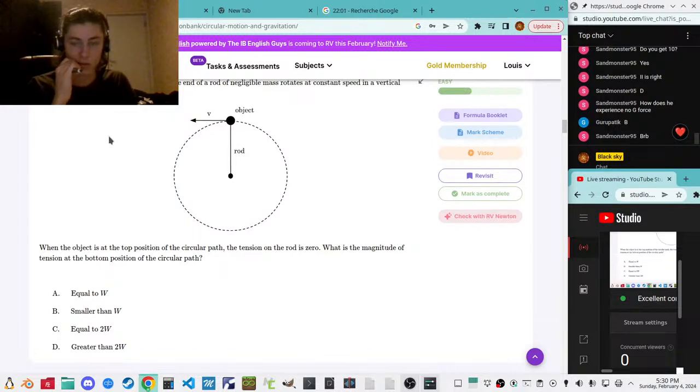What is the magnitude of the tension at the bottom position of the circular path? Where is that tension 0? The magnitude of the tension at the bottom.